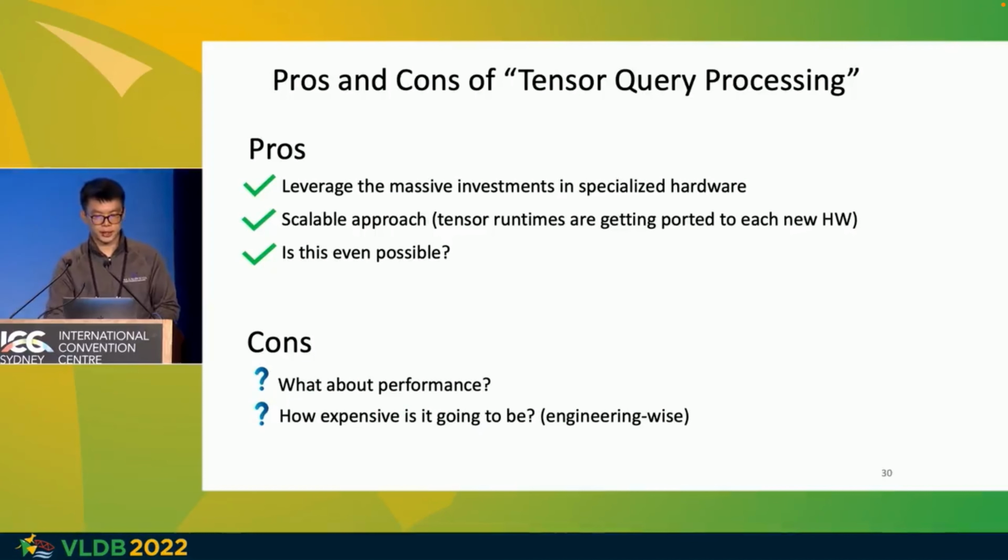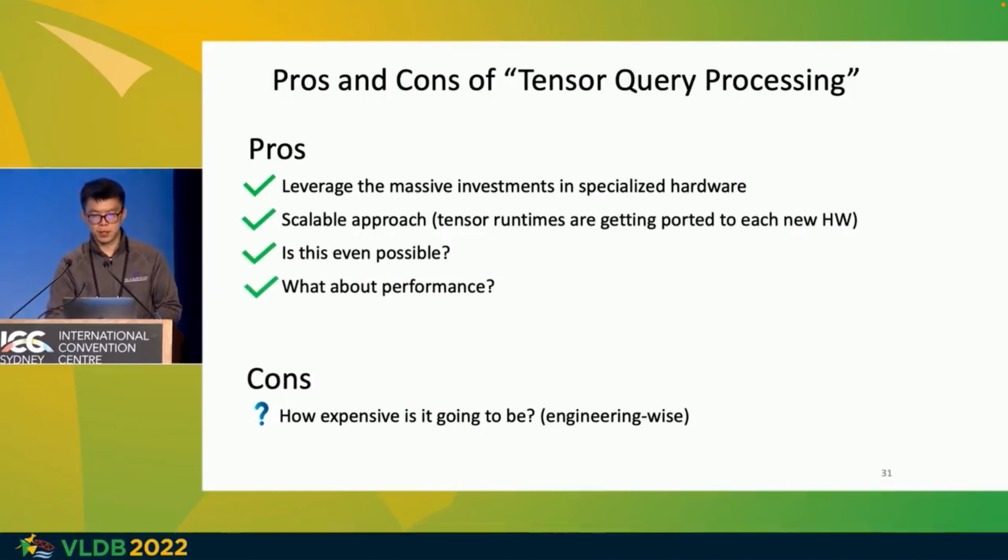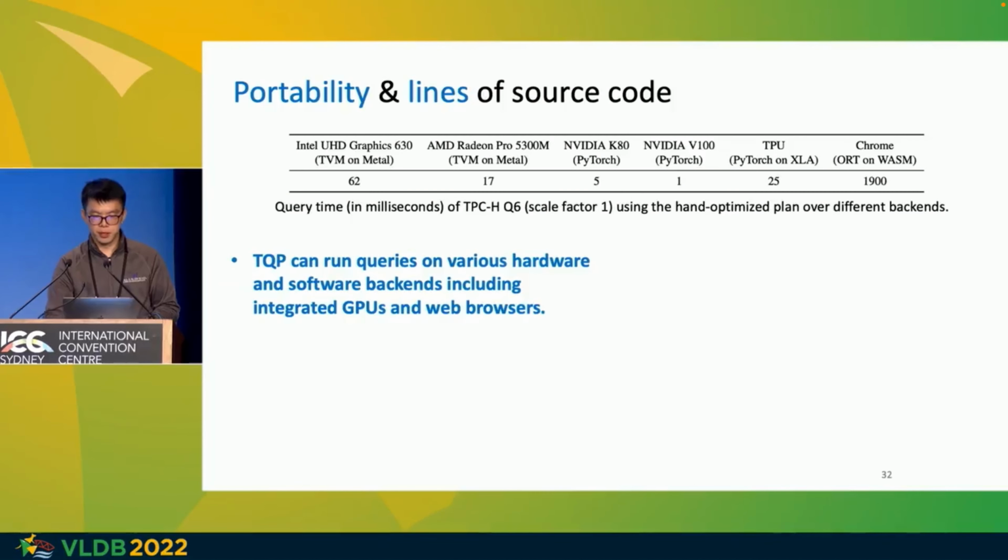We can now conclude that the performance of TQP looks great. Now, the last open question: how expensive is it going to be engineering-wise? Beyond the GPUs we showed that TQP can support, TQP also supports other backends and hardware as well, for example, integrated GPUs and even web browsers.